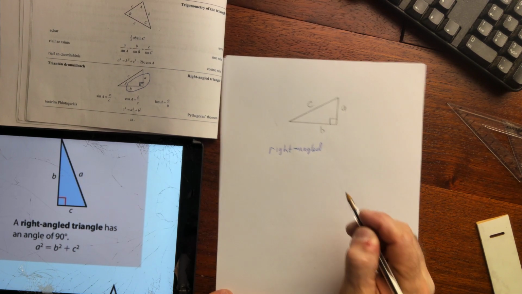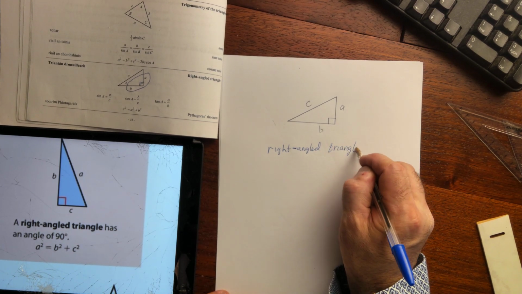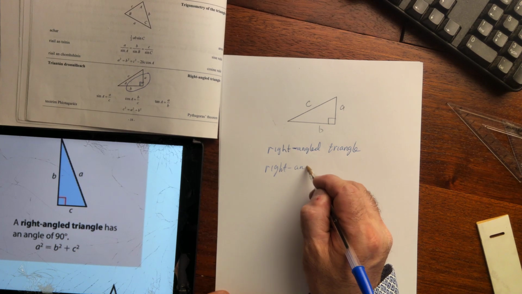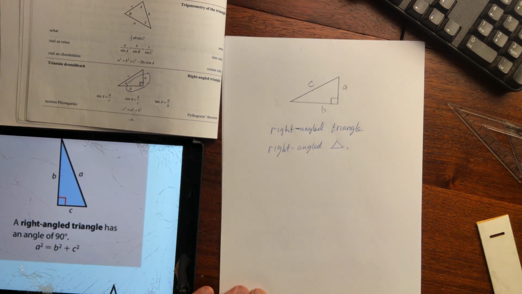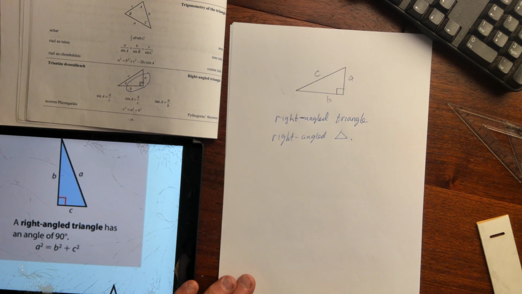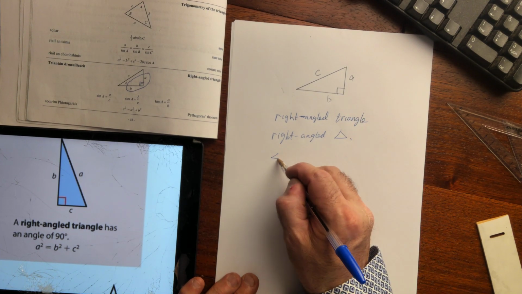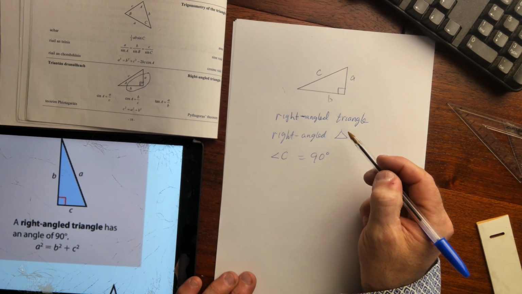And a quick way to write the word triangle is that. So we have a right angled triangle, and in this case angle C equals 90 degrees because it's opposite the hypotenuse.